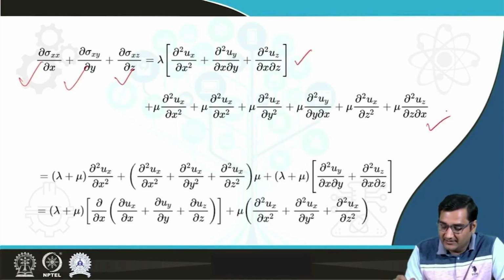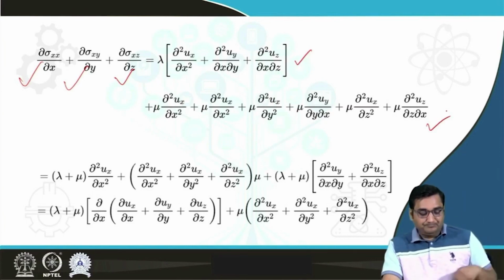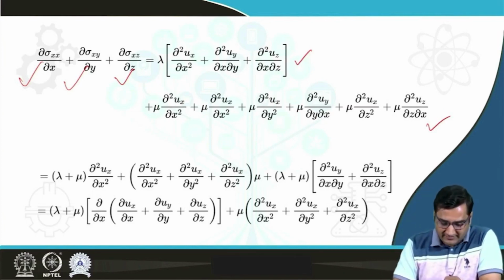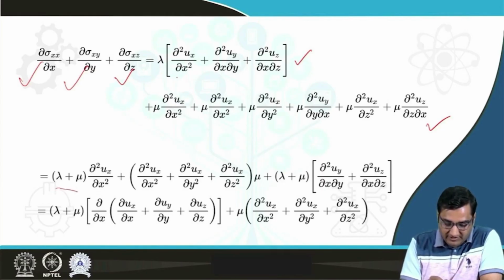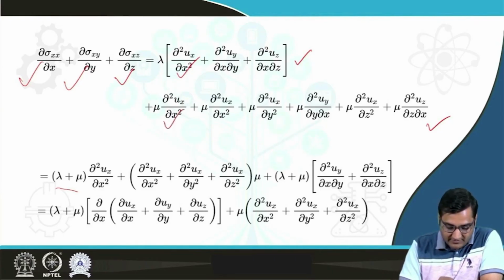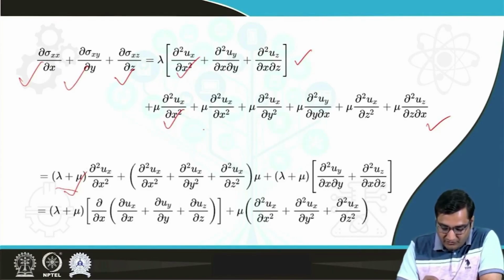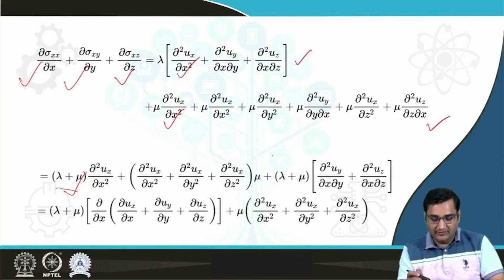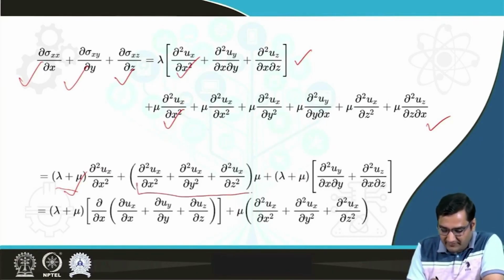And then when you collect all the terms, lambda plus mu, so del square ux, and another term lambda del square ux by del x square, then it may become something like this. And then you collect the mu terms, and when you sum all these mu terms up, it may represent something like this, and lambda plus mu will be something like this.